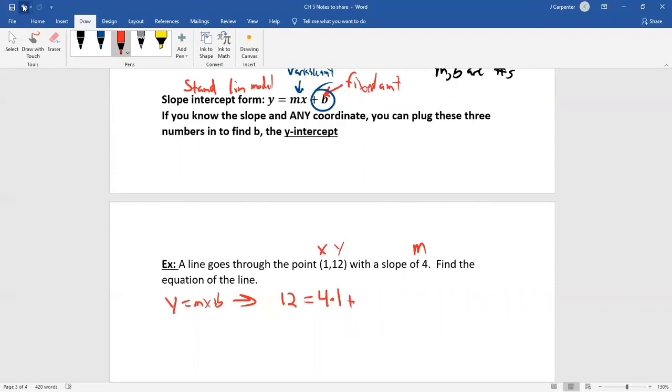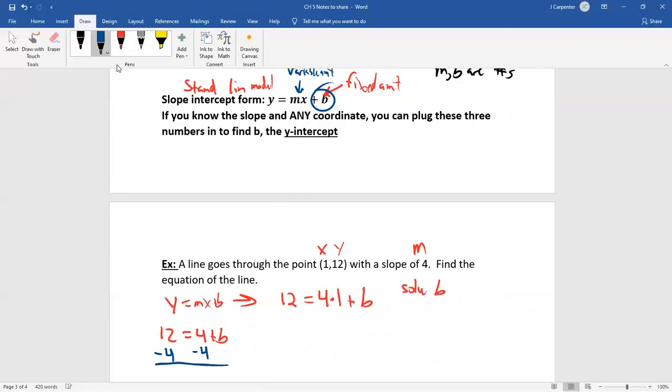I didn't tell you that, did I? Leave it that way. Honestly, if you don't want to use the letter b, don't use the letter b. If you want to use the letter f for fixed amount, that would be cool. I'm perfectly fine with that. But what we've got to do here is solve for b. Well, 4 times 1 is 4, so that's 12 equals 4 plus b. I really hope you know how to do your algebra to solve this.